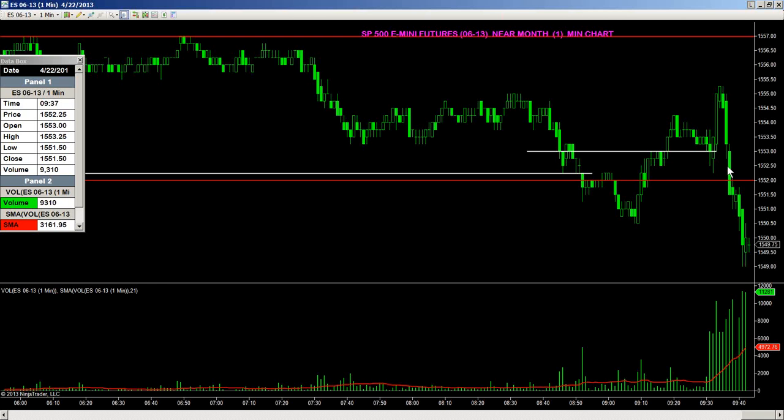So when prices crossed and closed below 1552, this bar right here at 9:37 was the precision entry, on the close at 1551.50. 1551.50 becomes the precision entry.